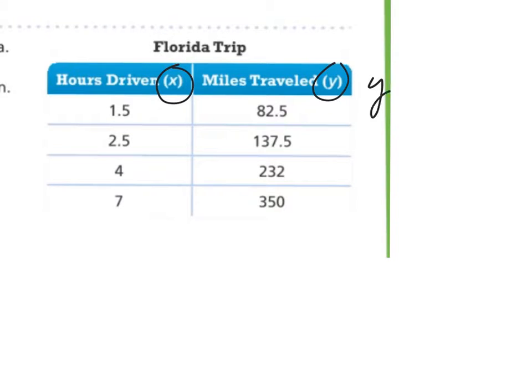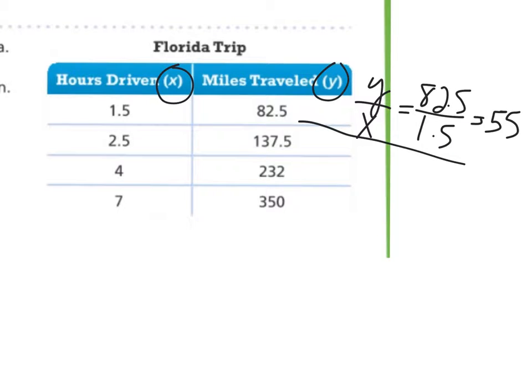So if we do y divided by x, that's going to tell us how many miles per hour that they traveled, basically. So if we do 82.5 divided by 1.5, if you work that out, that ends up being 55, so 55 miles per hour.